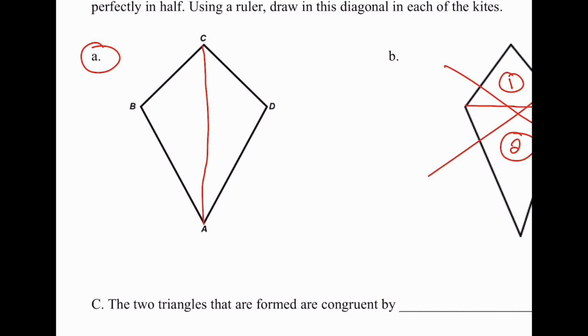We already know from the definition of a kite that their consecutive sides are congruent. And from our last chapter, we know that if two triangles share a side, that side is congruent to itself, because congruence is reflexive.